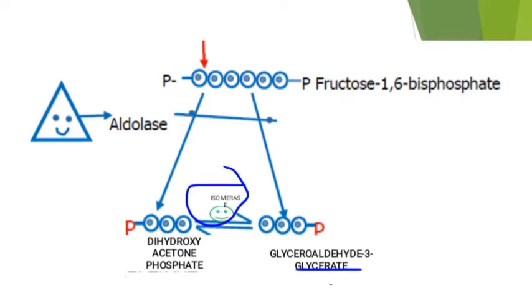Recall I said this is phosphate, not glycerate. Good. But this isomerase enzyme means dihydroxyacetone phosphate is not wasted. It isomerizes dihydroxyacetone phosphate into glyceraldehyde 3-phosphate.